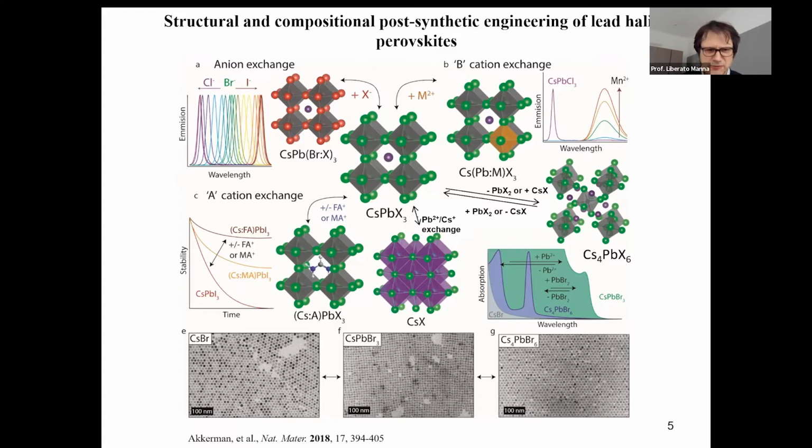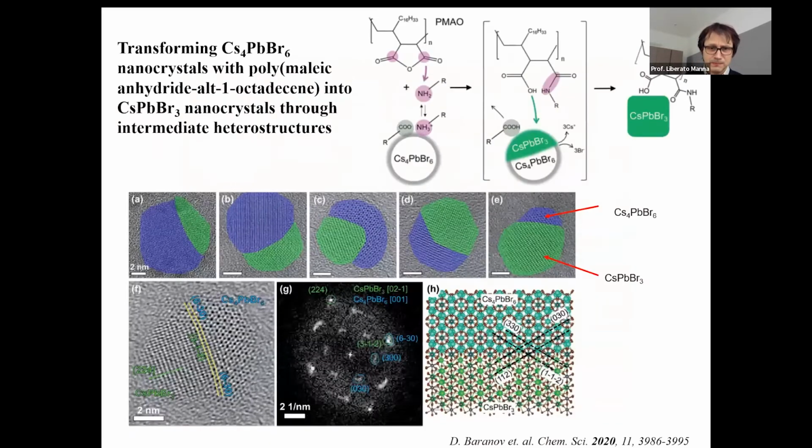You can go, for example, from CsBr to CsPbBr3, or to Cs4PbBr6, to CsPbBr3 by intercalation and de-intercalation of different types of species. You can also do B-side cation exchange. For example, in CsPbCl3, you can remove part of the lead and replace it with manganese to obtain a trap emission from these doped systems.